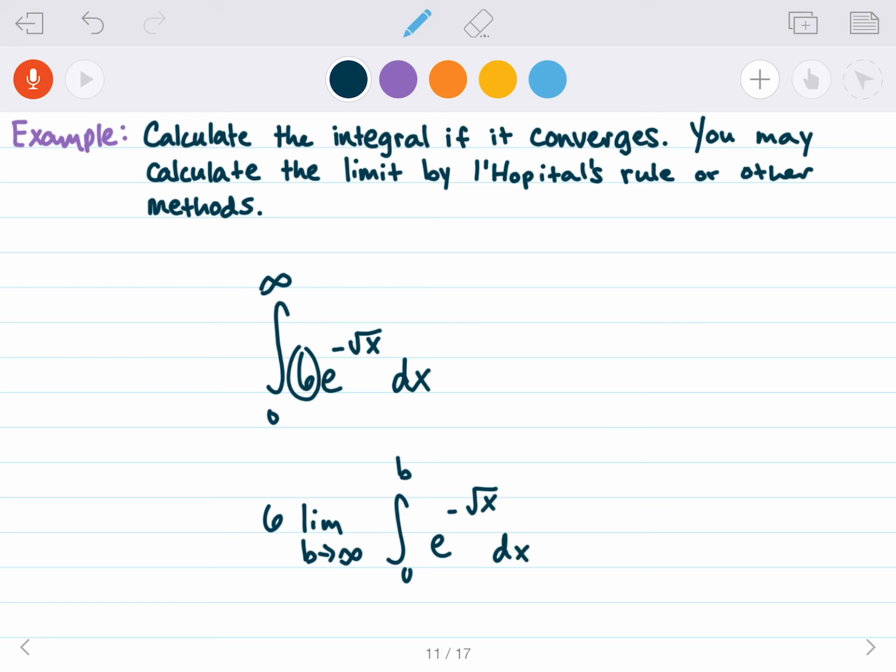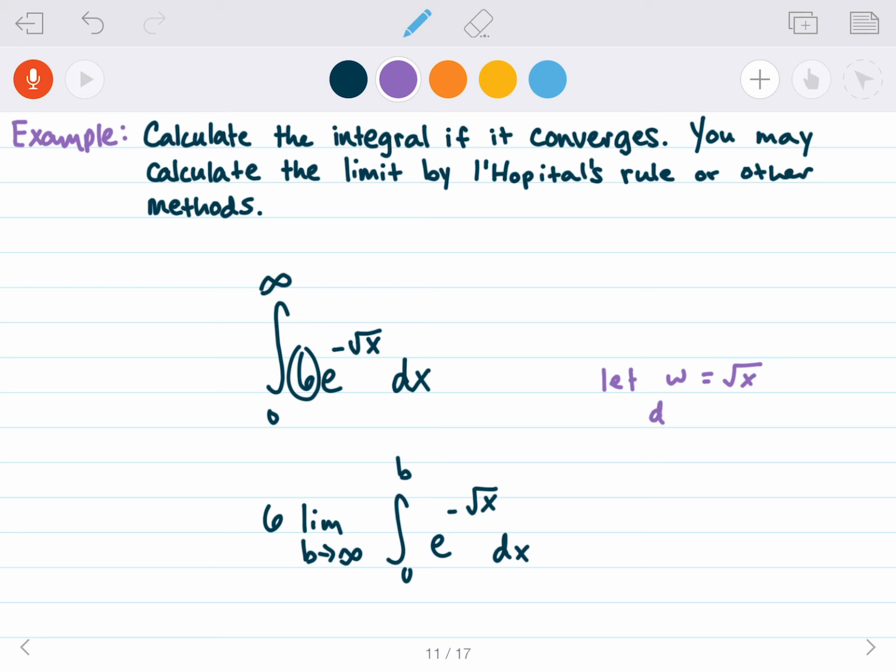From this point, I am going to do a u substitution, and this is one of those problems where we have to use integration by parts as well. From here on out, I'm going to use w for substitutions instead of the letter u. Let w equal positive root x.